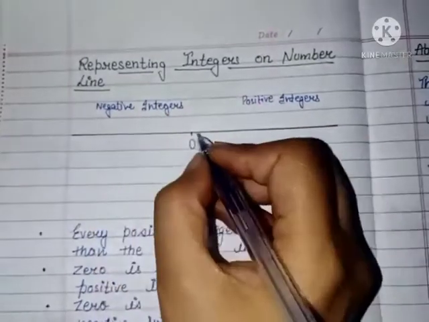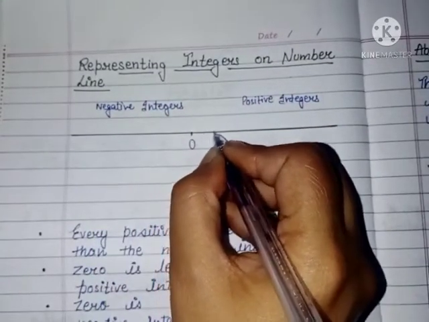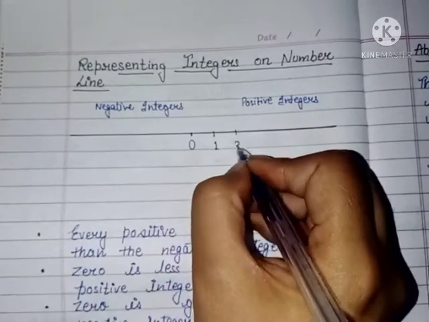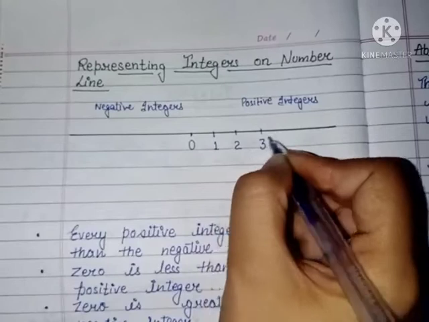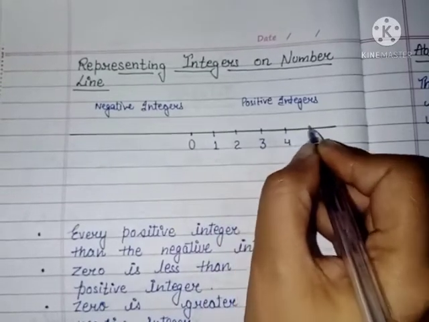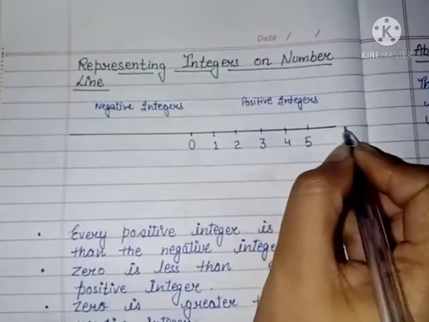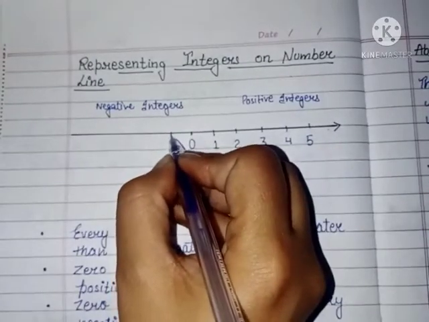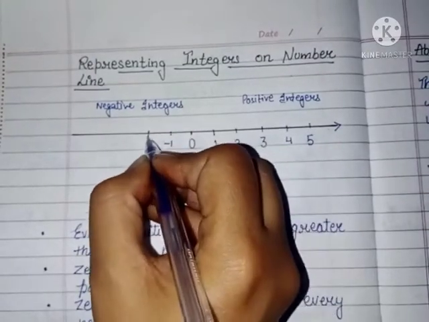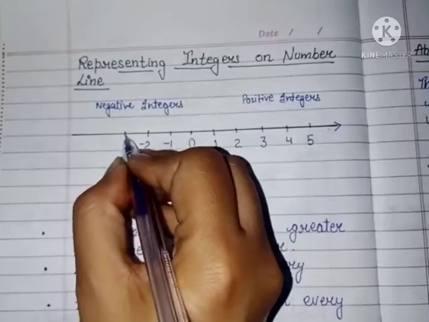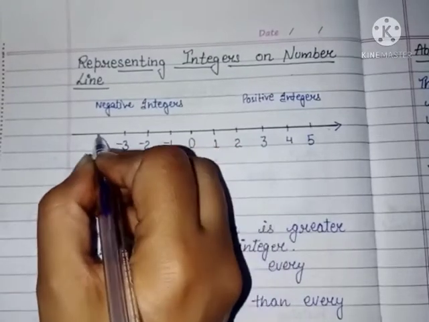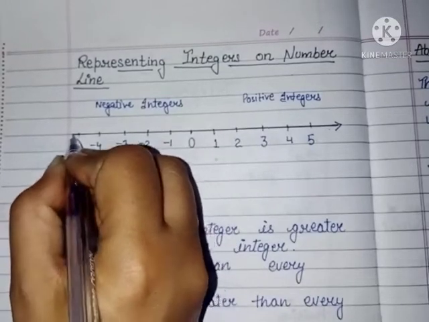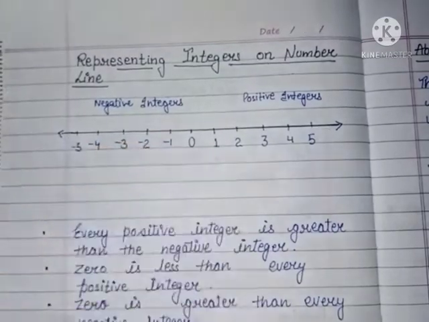On the right side there will be plus 1, or you can simply write 1, 2, 3, 4, 5 up to infinity. On the left side of 0 there will be minus 1, minus 2, minus 3, minus 4, minus 5 and up to infinity.